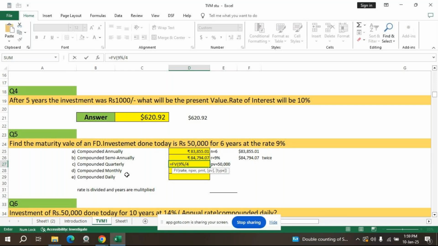So divided by 4, comma, nper. Nper is 6 years, so 6 into 4. Then comma, PMT is 0, comma, PV, present value minus 50,000. Then comma, type is at the end of the period. Close the bracket, enter. Now 85,288.33.